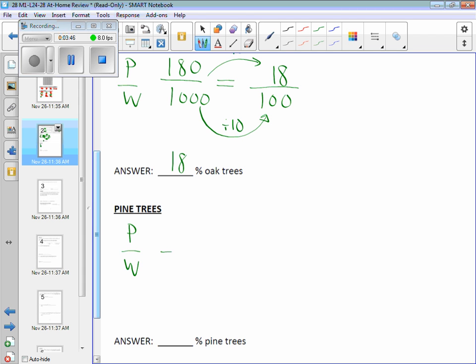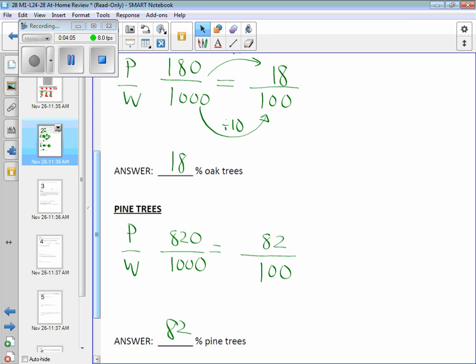The whole is still out of 1,000, but now the part representing the pine trees is 820. And that's going to be equivalent to 82 per 100 or 82%. And you can always check your work because the two percents that they give you have to add up to 100%, and in this case they do.